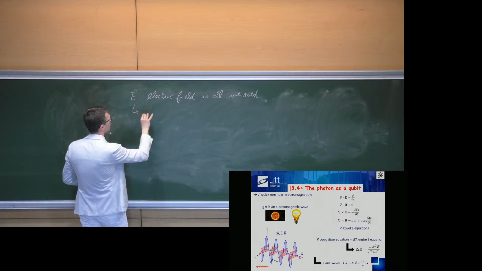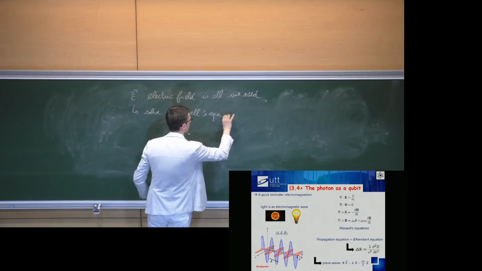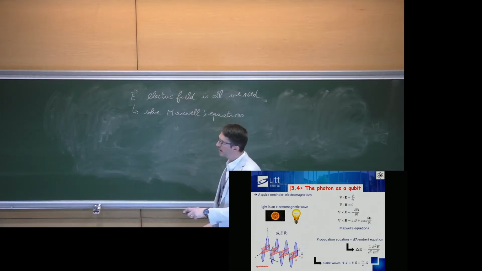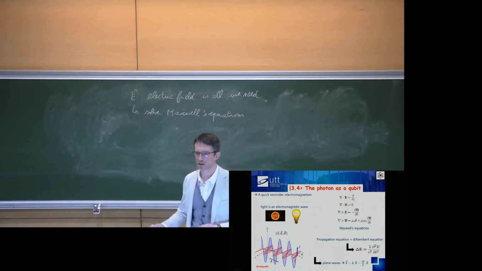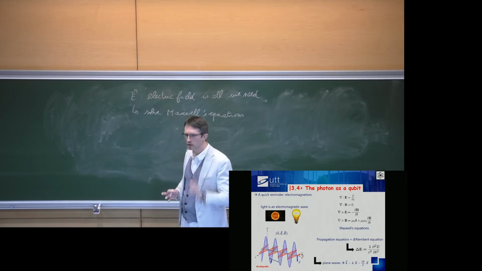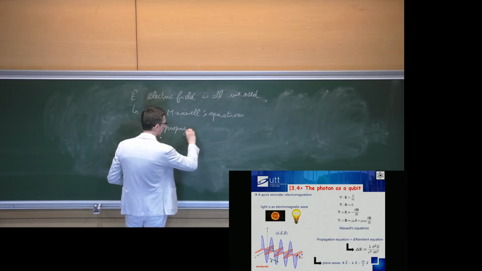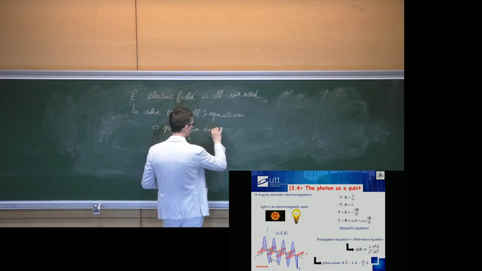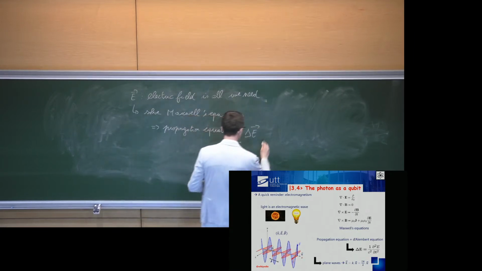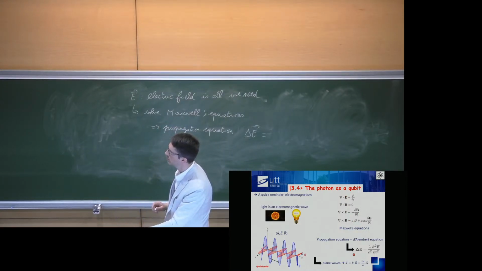And if you solve Maxwell's equations, which are the achievement of decades at least of physics of electricity and magnetism, you end up with many equations, but there's one in particular that is a propagation equation for the electric field, which is given by delta E. So all these quantities E, B, J, and so on are all vectors.